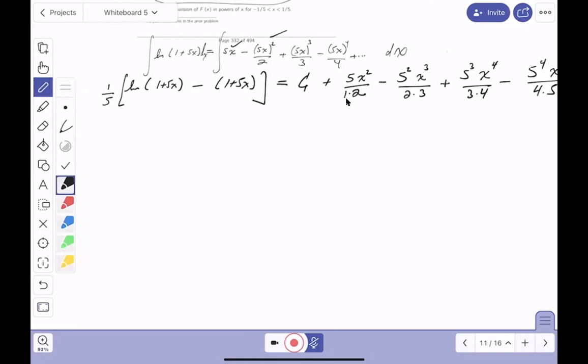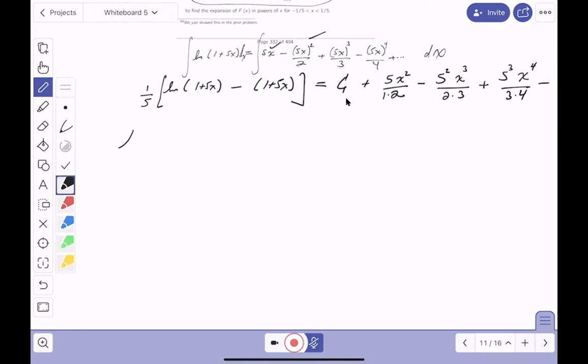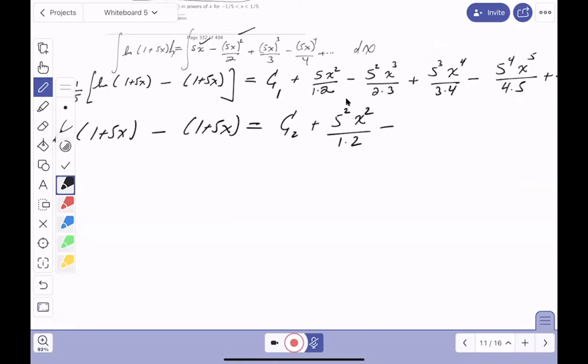If I multiply both sides by 5, I would get the natural log of 1 plus 5x minus 1 plus 5x. Now, 5 times a constant c is going to be another constant. I'm just going to call it C2 now. And this is going to be C1. I still don't know what it is, by the way. And then I'm going to do this next. It's going to be 5 squared x squared over 1 times 2 minus, I'll get to the C later.